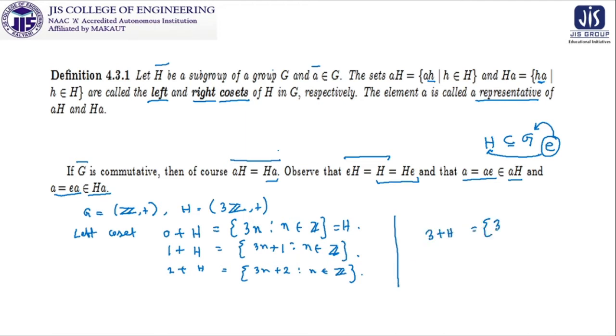If you consider 3 plus H, it is nothing but H. So it is not a distinct one; it is totally the same as H. So these are the three distinct left cosets for this H that we are getting.